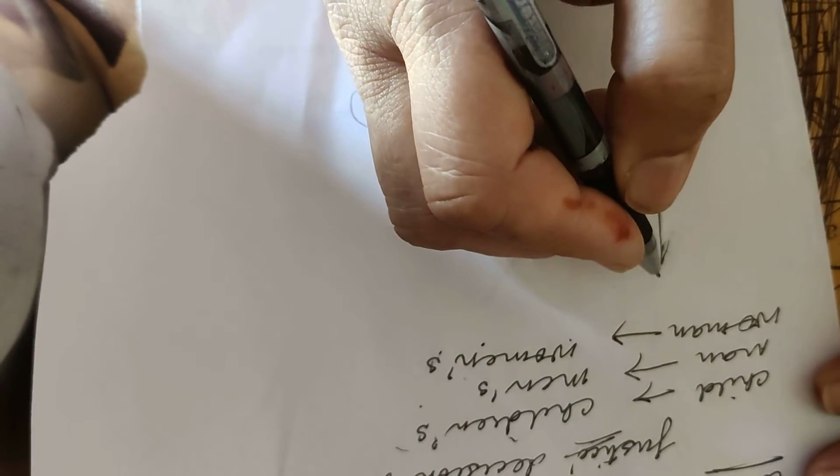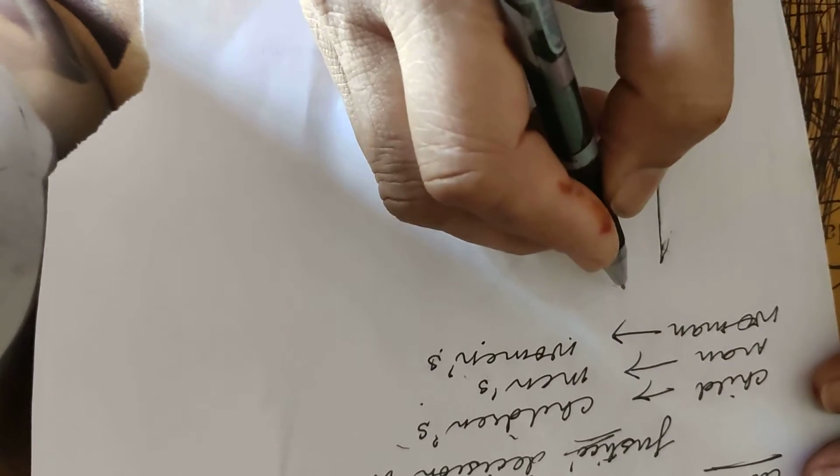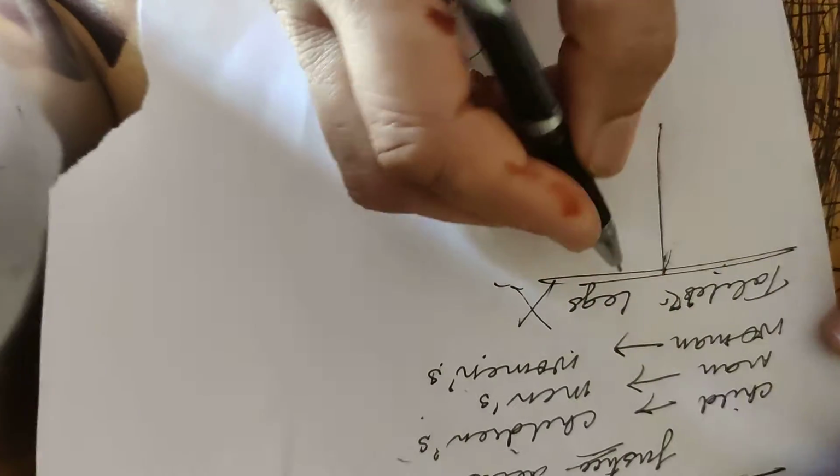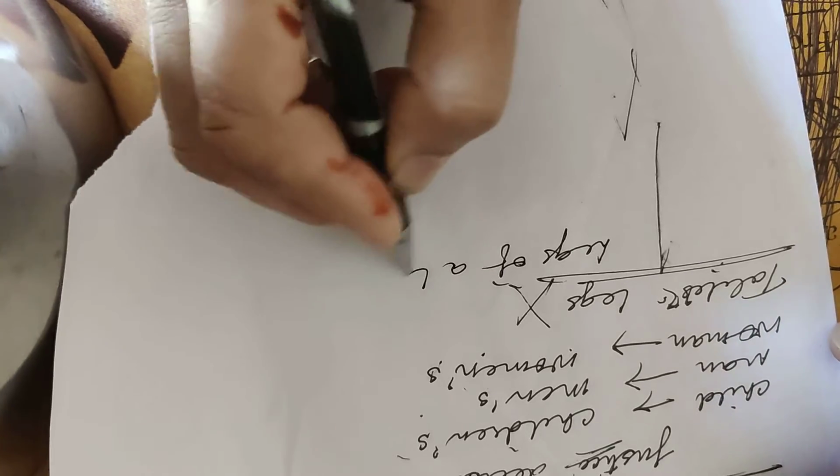Now children, one more point is there to keep in your mind. If there are non-living things, like we say table's legs, this sentence is wrong. Table's legs we can't say, because table is a non-living thing. So what will we do? Legs of a table.